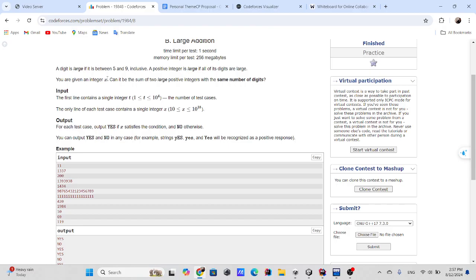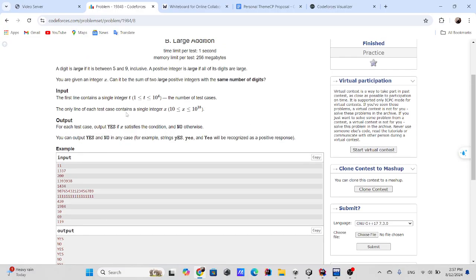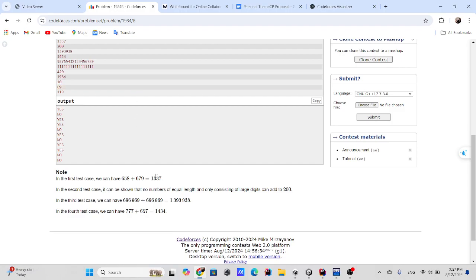Can it be the sum of two large positive integers with the same number of digits? Print yes or no.